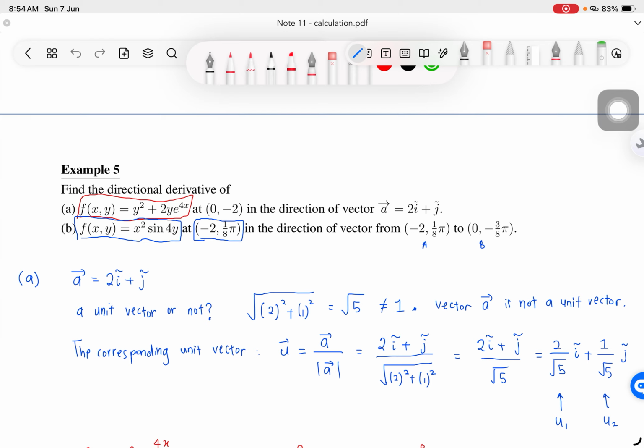So how to check? You need to find the magnitude of a. When we find the magnitude of a, we obtain square root 5, meaning that it is not equal to 1.